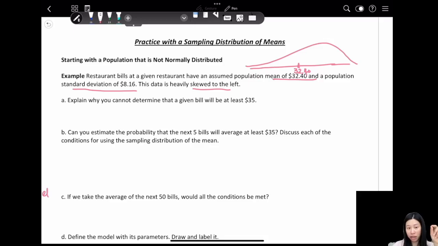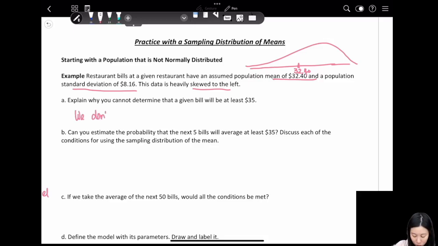Even though you look at this deviation, it doesn't mean this is normal, because they told you that this data is heavily skewed to the left. So explain why you can determine that the given bill will be at least 13.5. Because we don't know the population distribution, we cannot determine whether a bill will be less than 13.5, even though they've given you the mean and standard deviation.